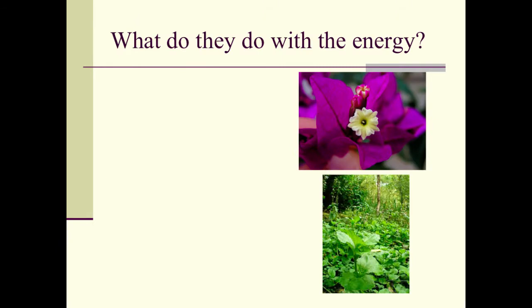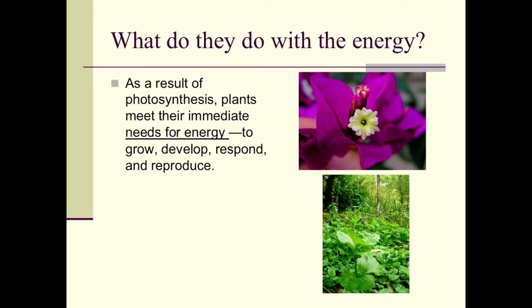So what do they do with all that energy that they make? As a result of photosynthesis, plants meet their immediate needs for energy. All life has to have energy. We get our energy by eating and obtaining food. Plants get their energy through photosynthesis, and they use this energy to allow them to grow, develop, respond, reproduce.